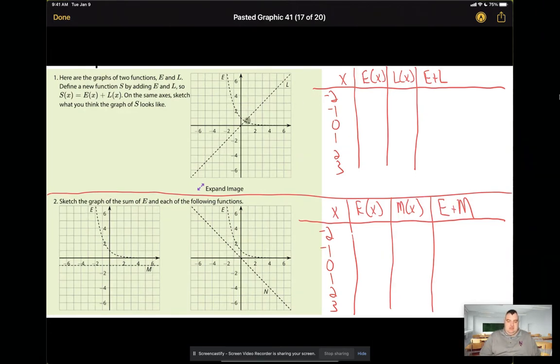So for e, when x is negative 2, y is approximately equal to 7. At negative 1, it looks like we'll call that maybe 3. At 0, y is equal to 1. At 1, we'll call that 0.5.